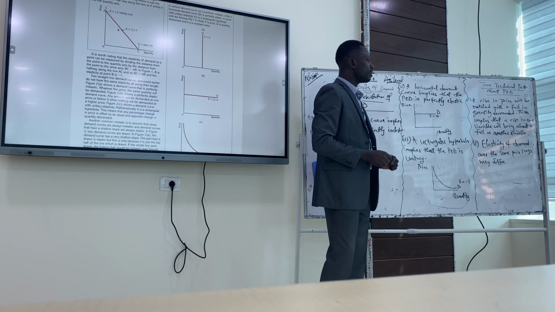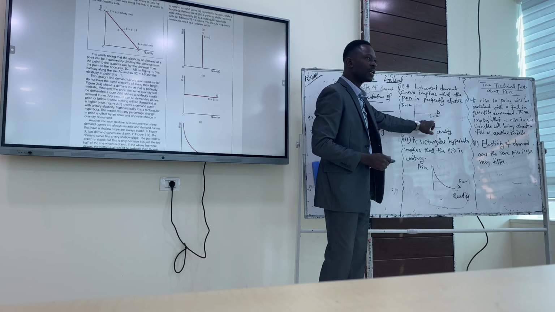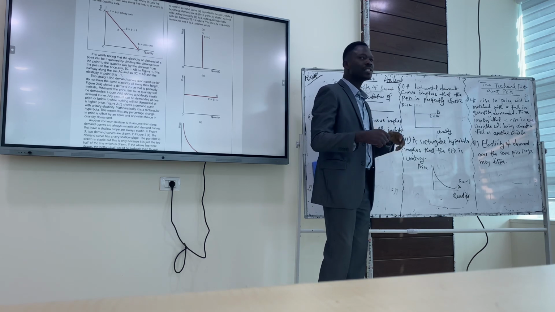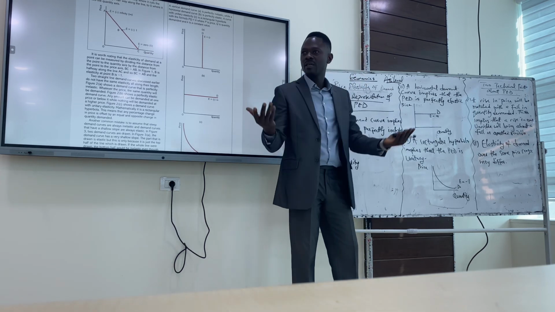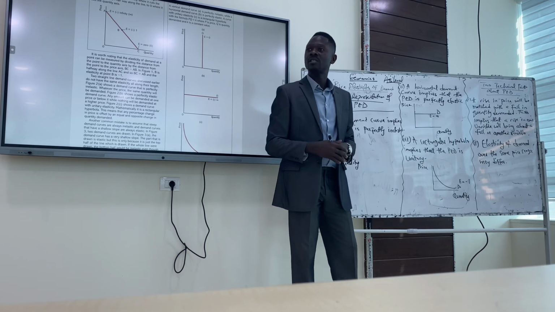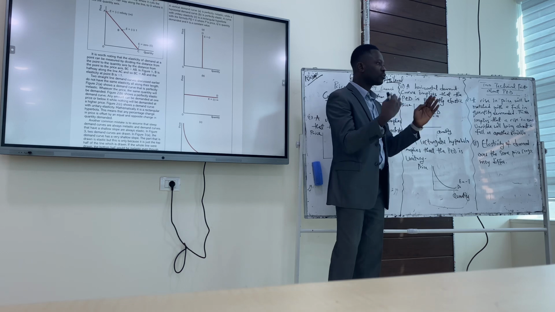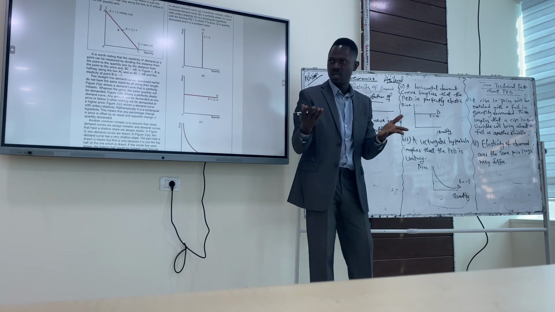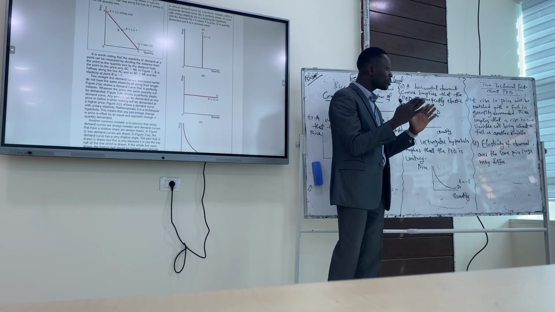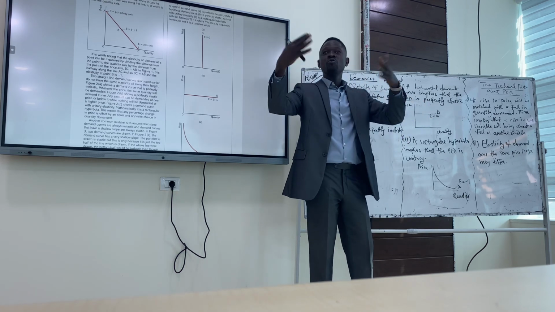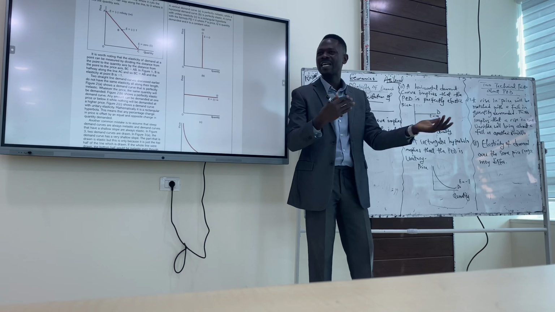It's not quantity, it's PED, it's your calculation. Your calculation could be 0.1, could be 2, could be 3. But if, as soon as you calculate your PED, it's giving you numbers like 7, 8, 100, 200, 1000, these are infinity.